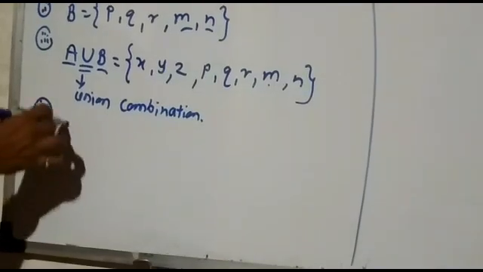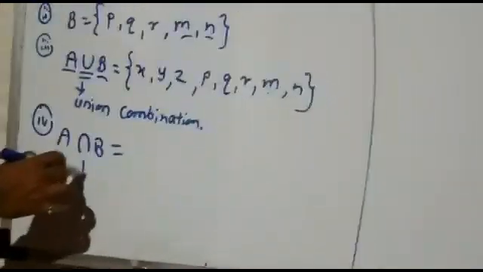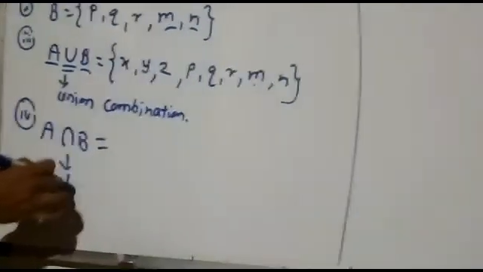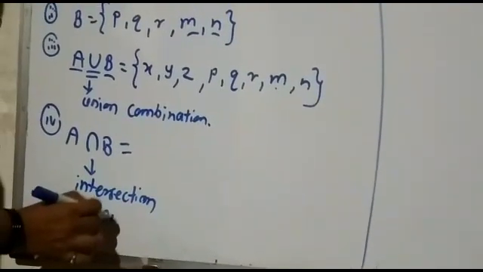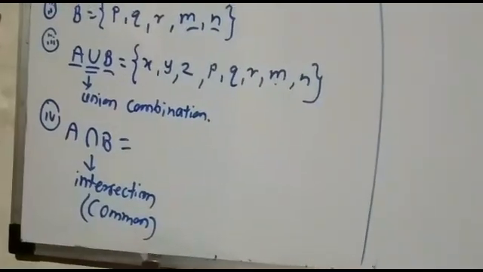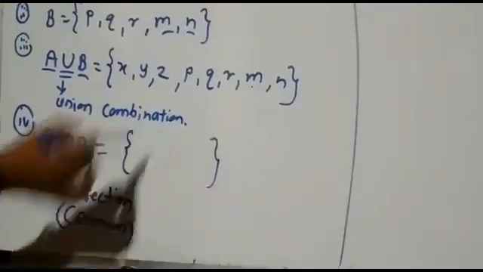Then fourth question, A intersection B. In that, this sign, opposite of U, indicates intersection. Intersection means write down the common elements, the common elements present in A and B. It is called the intersection.